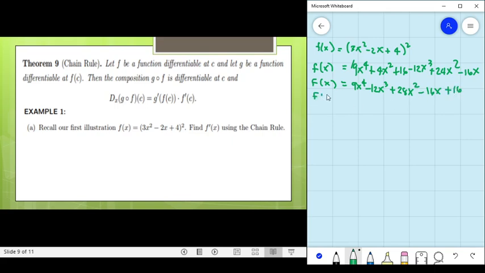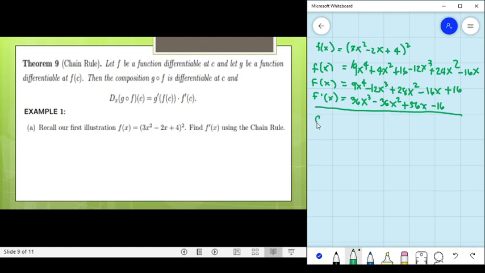And the derivative of this is equal to 36x to the 3rd power minus 36x squared, plus 2 times 28 is 56x minus 16. Okay, so that is the solution by not using the chain rule.